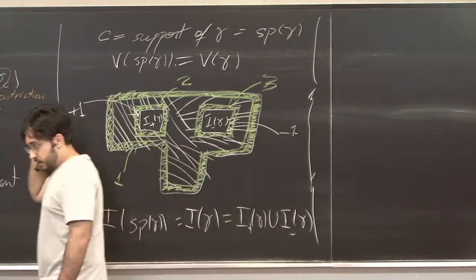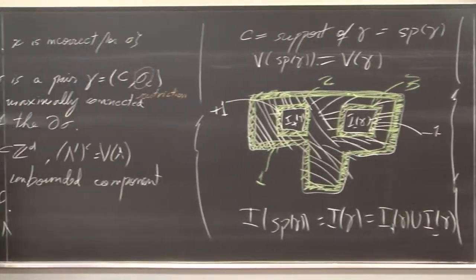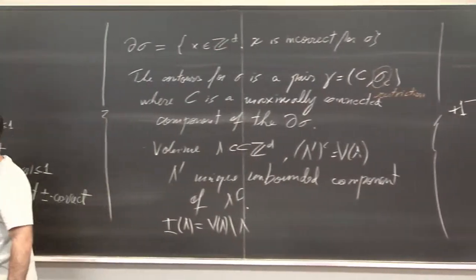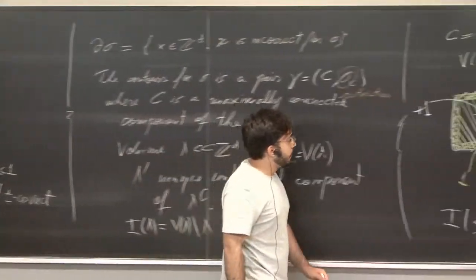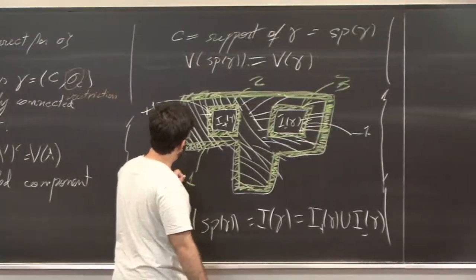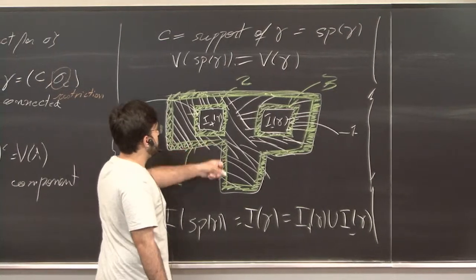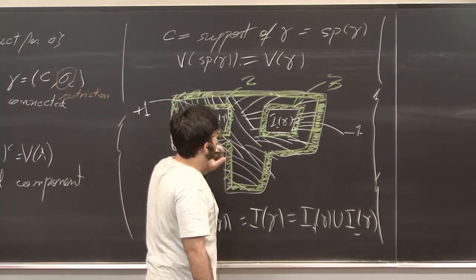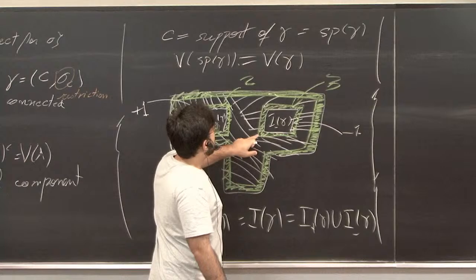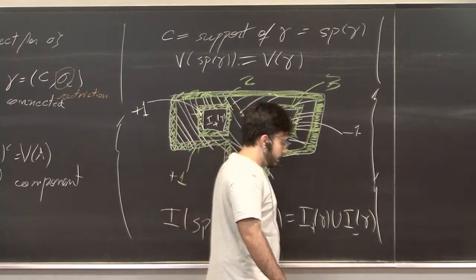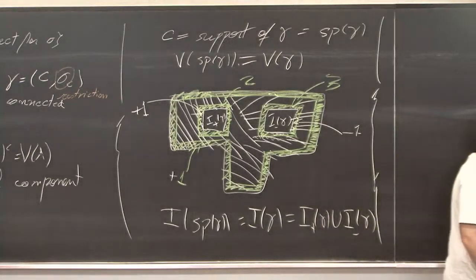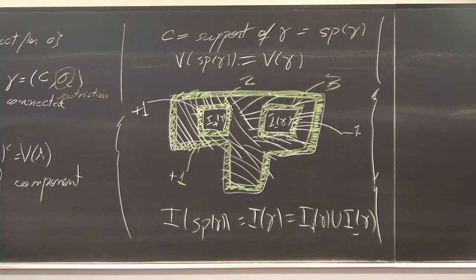So if I erase a contour, I may cause some problems because, for instance, if this is +1, the inner boundary here, if I erase this, I will create incorrect points near here, and this will change the whole family of contours.